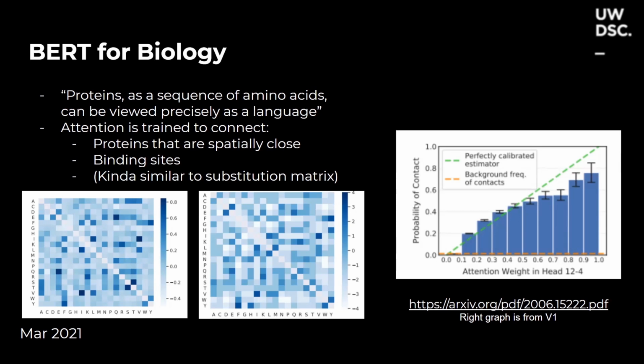They actually fold together. They become helices, they become beta pleated sheets, and some amino acids are closer to each other than the rest. Basically, they find that in this head, they were able to predict whether they could be in contact without explicitly training it to do so. That's pretty cool.